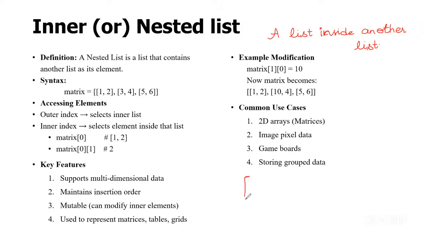So for example, this is a list, the main list, and inside of that I have one more list and one more list. So these are called inner lists.